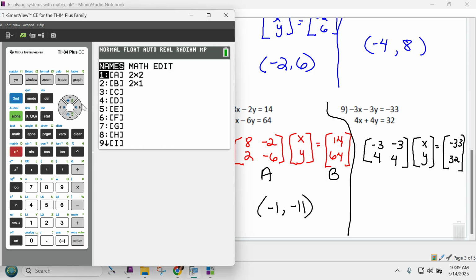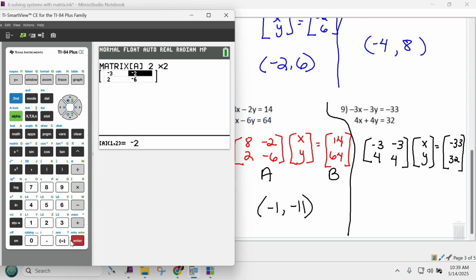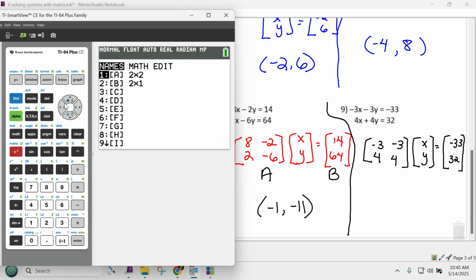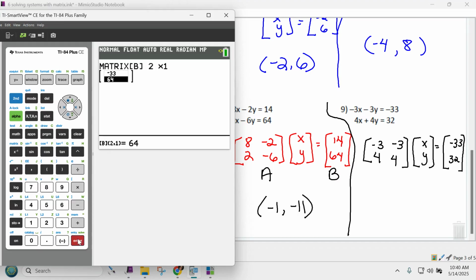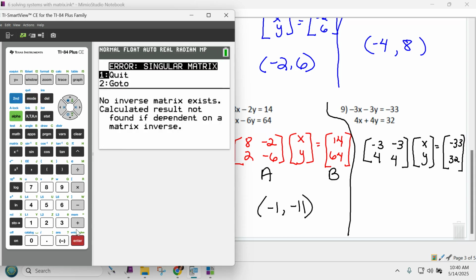Go to the calculator. Oh no. An error again.